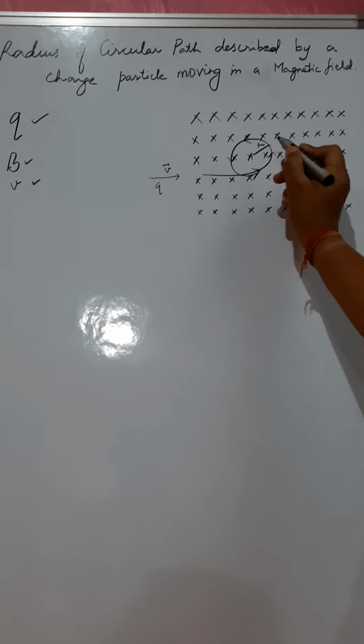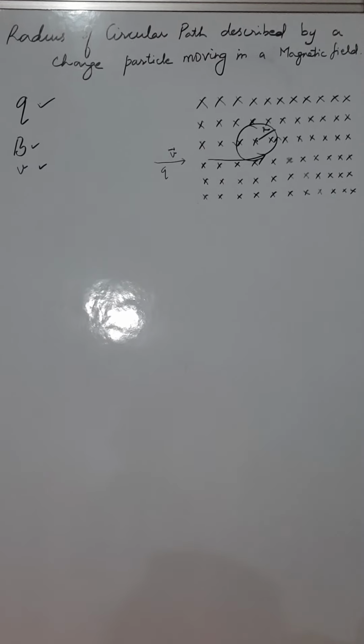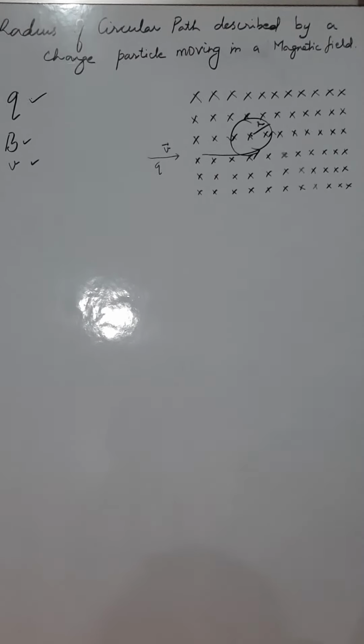The path becomes circular with a radius r which depends on the magnetic field, the magnitude of the charge and the magnitude of the velocity.